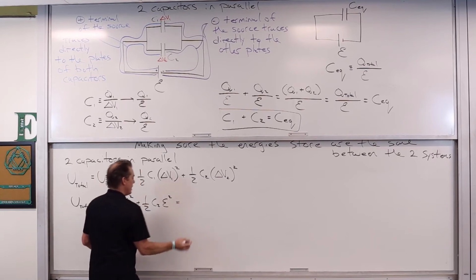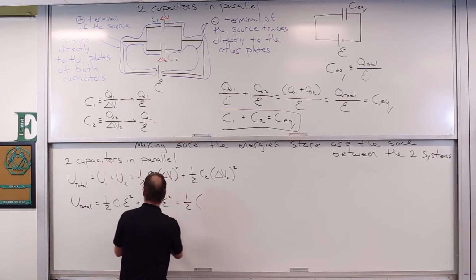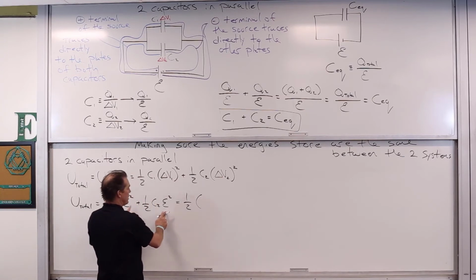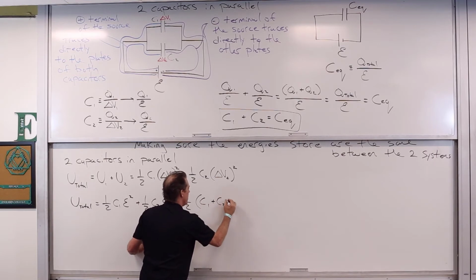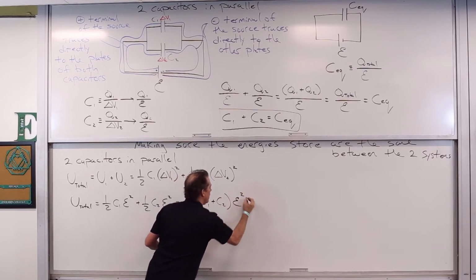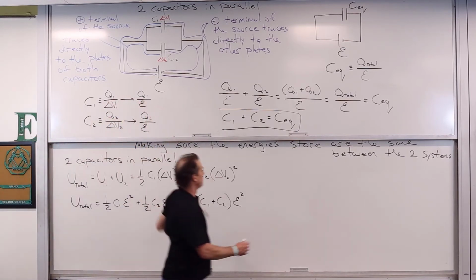Well, what is this going to be equal to? This is going to be equal to 1/2 common factor, and then we've got this other common factor of E squared. We'll pull that out on the other side, and we're left with the C1 plus C2 times E squared. All right, there's the total energy stored by this network.